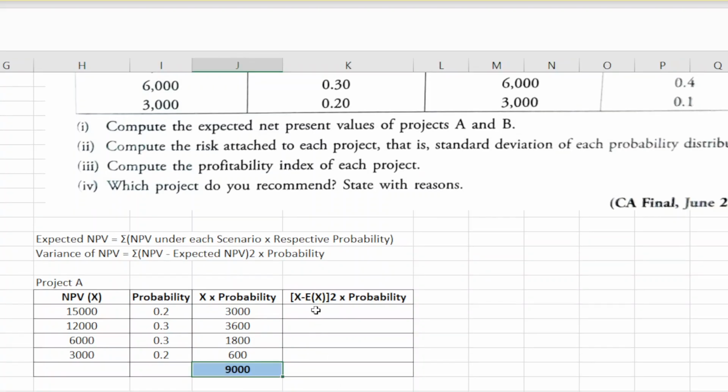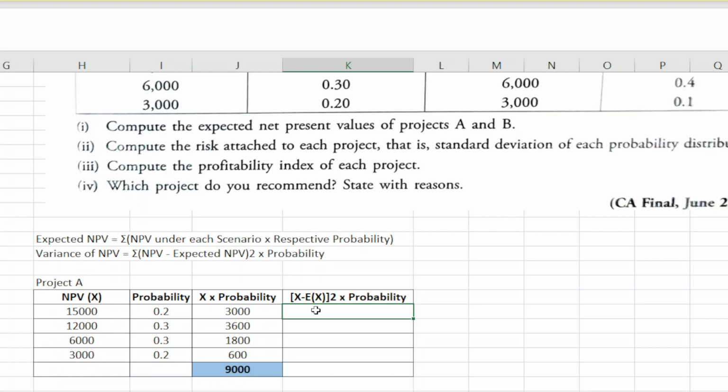This is my expected NPV. So now what I need to do? What is the next column? It is about variance. NPV minus expected NPV whole square into probability.